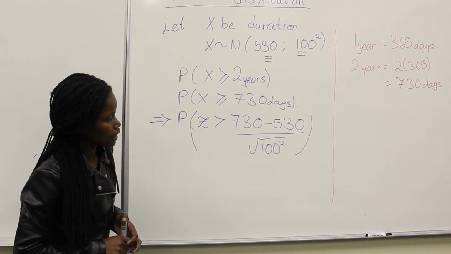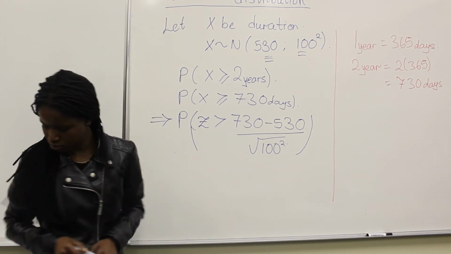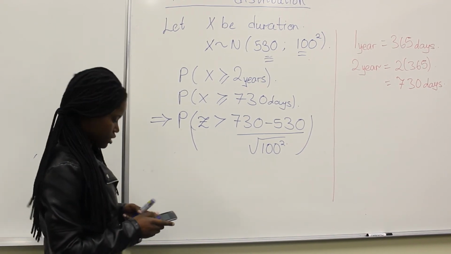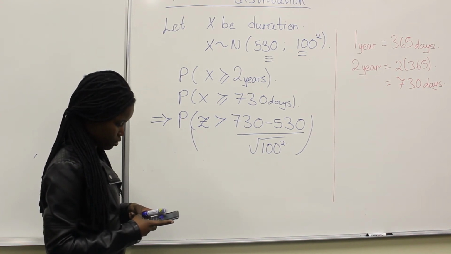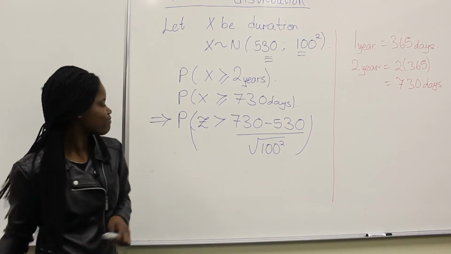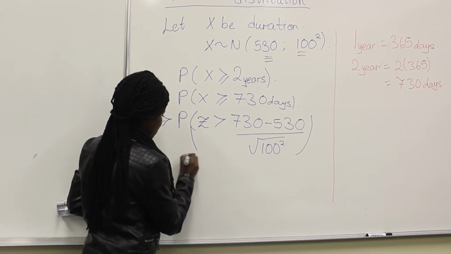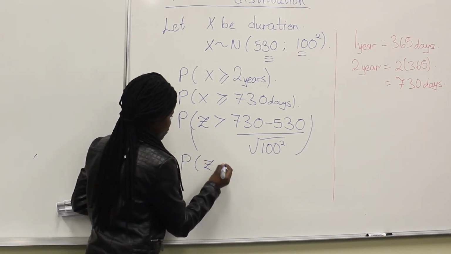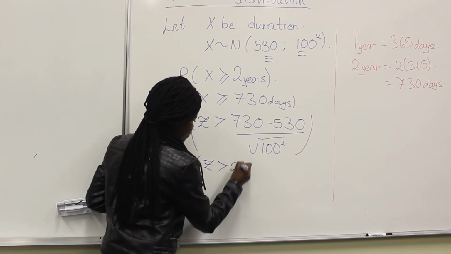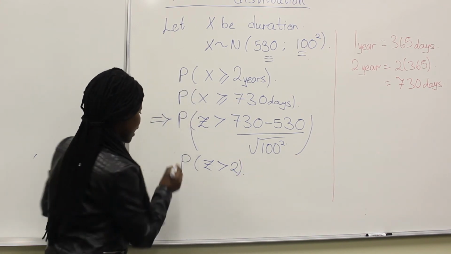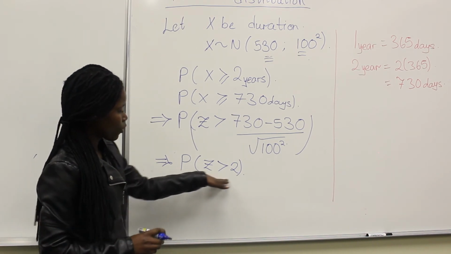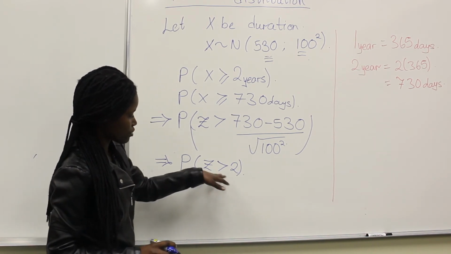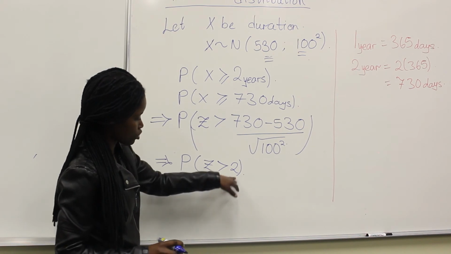Then we calculate: 730 minus 530, that's 200, divided by 100, which is 2. Then from here, we know that this is the probability of z being greater than 2.